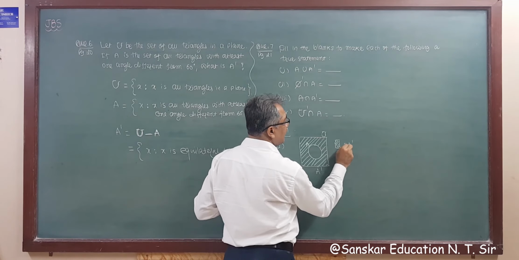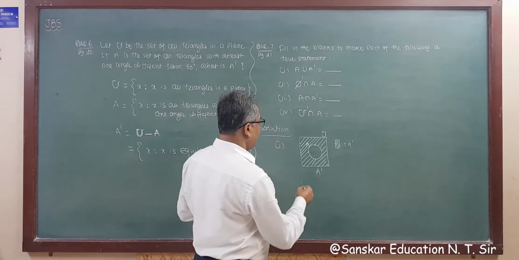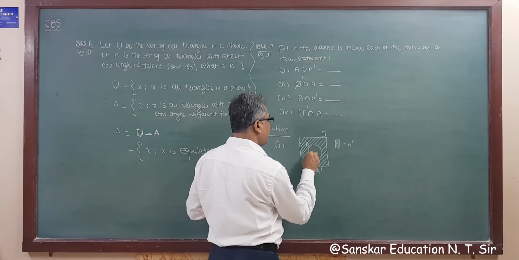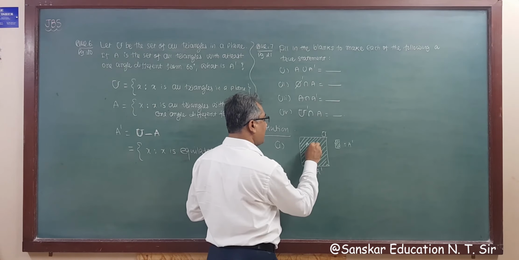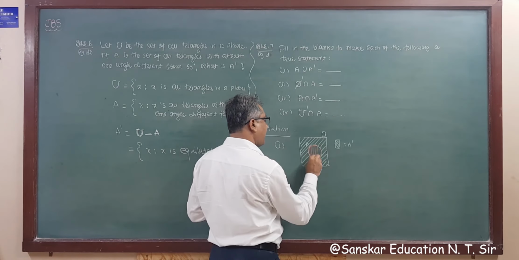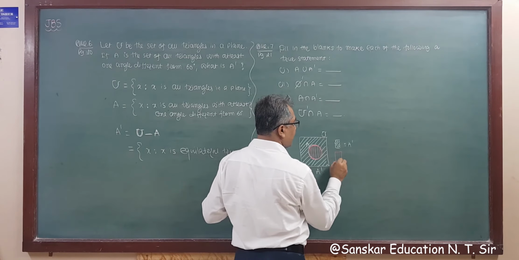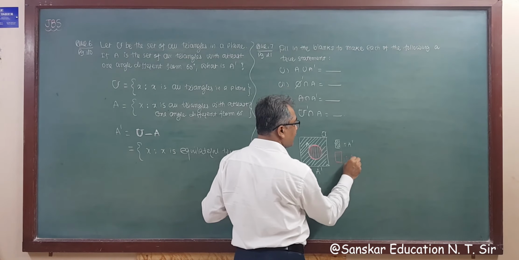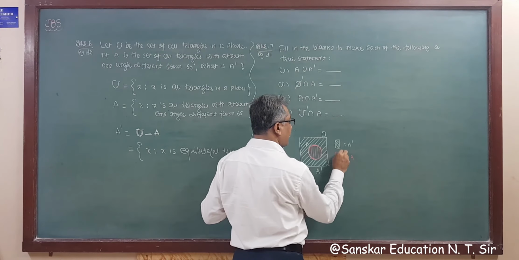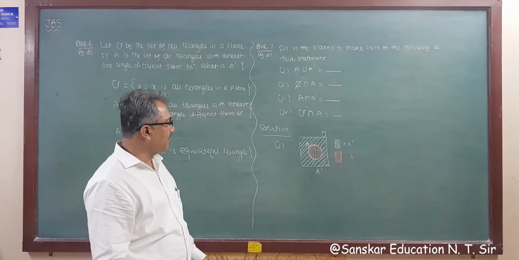This indicates A'. And A, so I am taking A by vertical lines. So this is your A. This set is A. So this is your Venn diagram for A'.